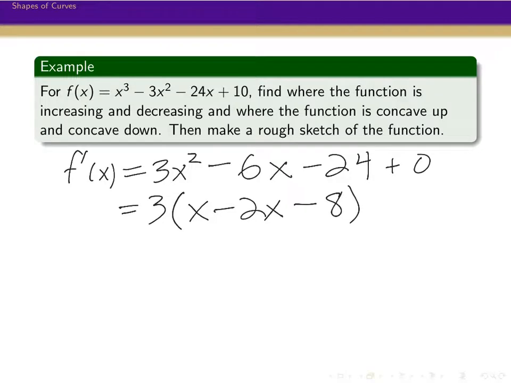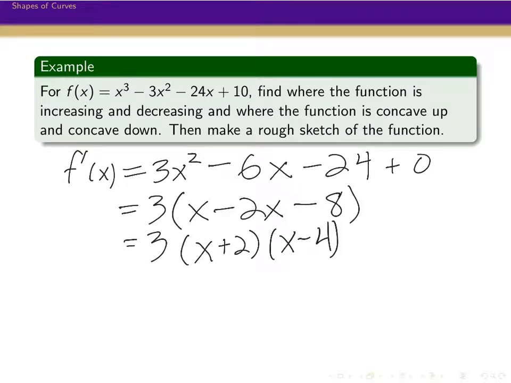And then looking at this, I believe we can write this as 3 times (x plus 2) times (x minus 4).